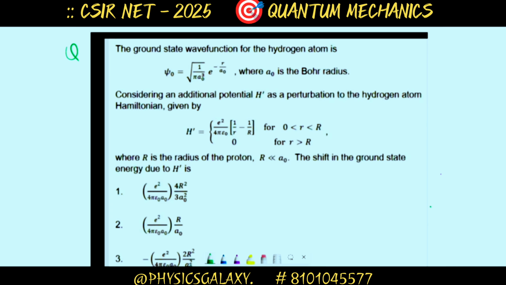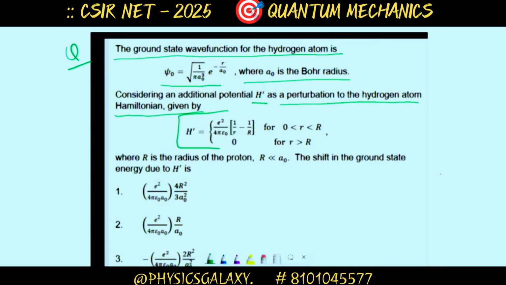Third question is, the ground state wave function for the hydrogen atom is psi naught equals root of 1 by pi a naught cubed, e to the power minus r by a naught, where a naught is the Bohr radius. Considering an additional potential H dash as a perturbation to the hydrogen atom Hamiltonian given by this.